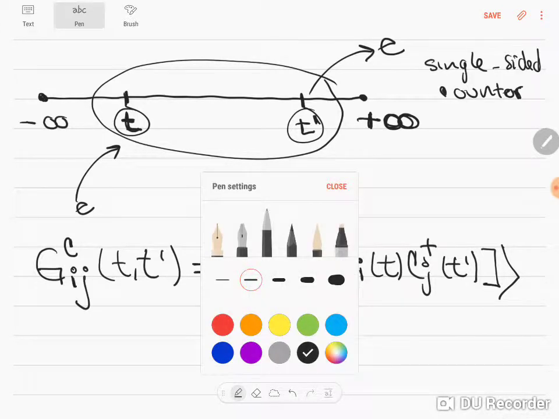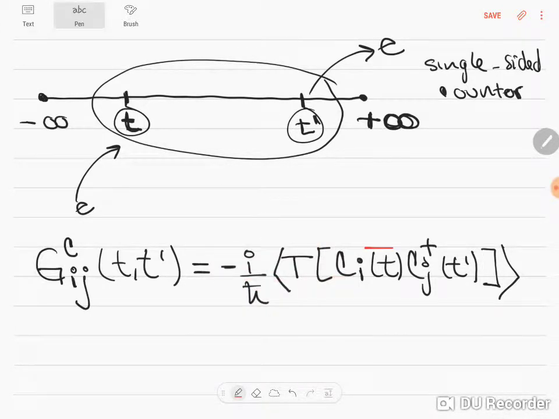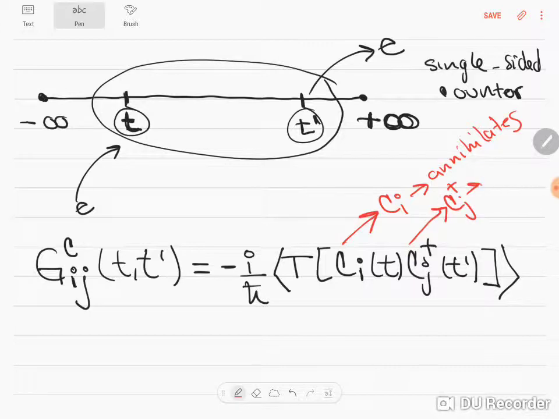We have already discussed a little bit that this c_i annihilates particles at site i, and this c_j dagger creates particles at site j. These are single-particle operators, so each of them just annihilates or creates a single particle, respectively.